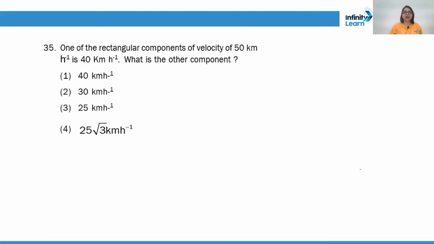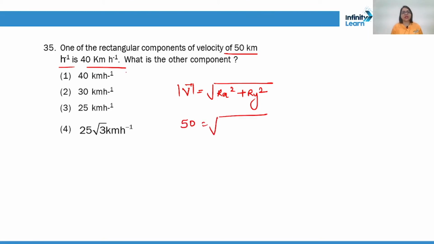Question number 35. One of the rectangular components of a velocity of 50 km per hour is 40 km per hour. What is the other component? So we know that the magnitude of any vector in terms of rectangular components is the square root of rx square plus ry square. In this case it is given as 50, and let's say rx is 40.